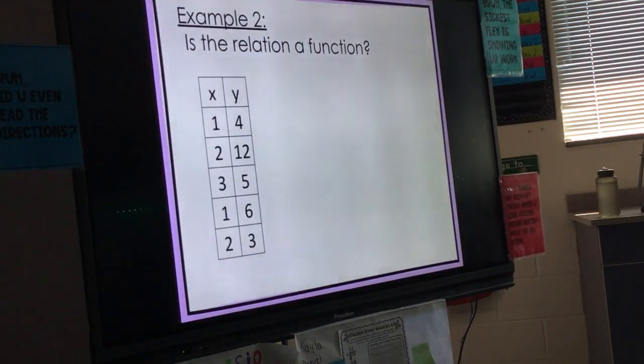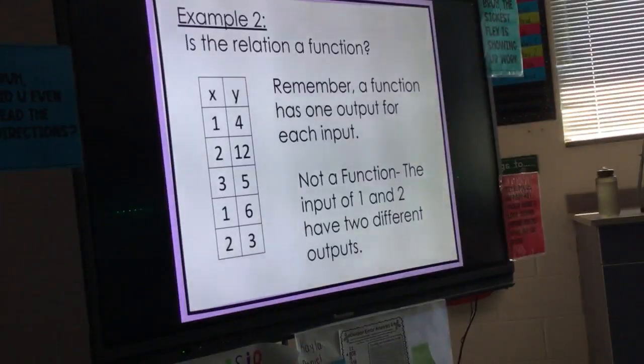The other thing, is there a pattern? No. There is no pattern. All right, so this is not a function, and the reason is because the input of 1 and 2 have different outputs.